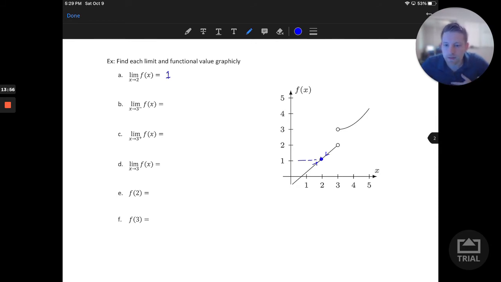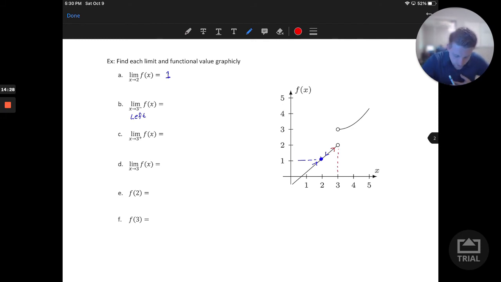The next limit says we want to find the limit as x approaches 3 minus. Again, that's coming from the left side. If you want to note each of those as we go from the left, we will have that little minus sign. And so as we approach the input 3 from the left, we'll notice that it looks like we're approaching this open circle.